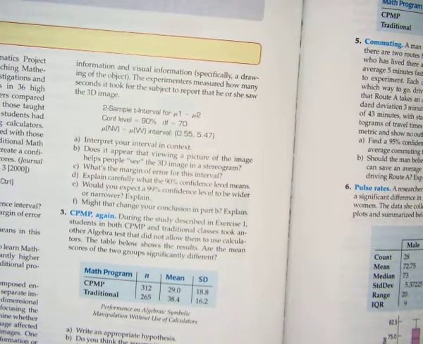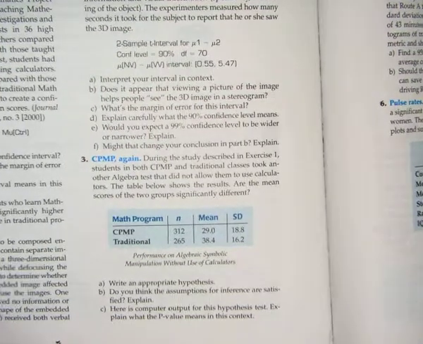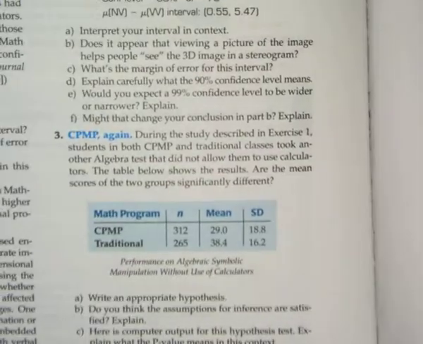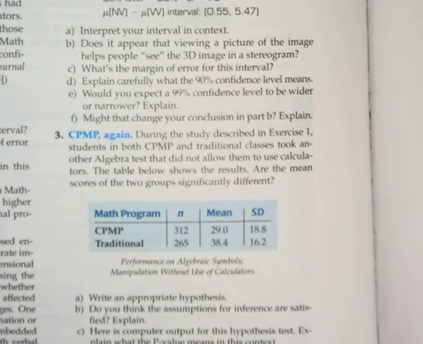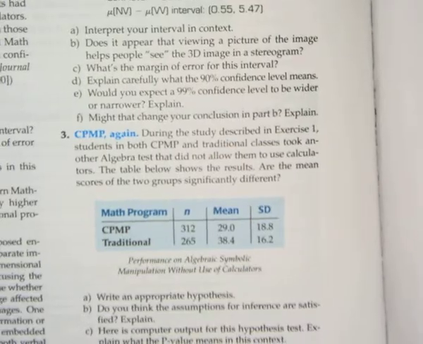All right, so in this problem number 3 here, let's take a look at this. It says we're comparing math students who took a CPMP course to a traditional class, and are the means of the scores significantly different. The first thing we're going to do is write hypotheses.